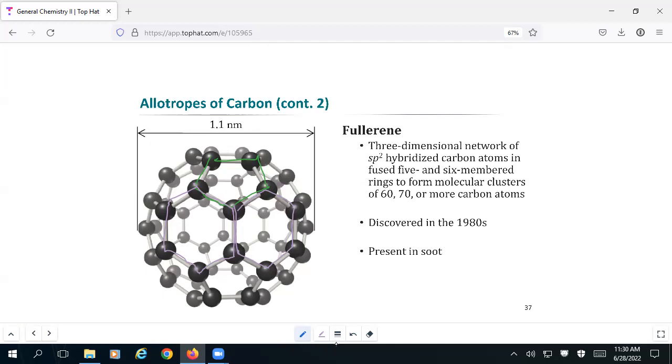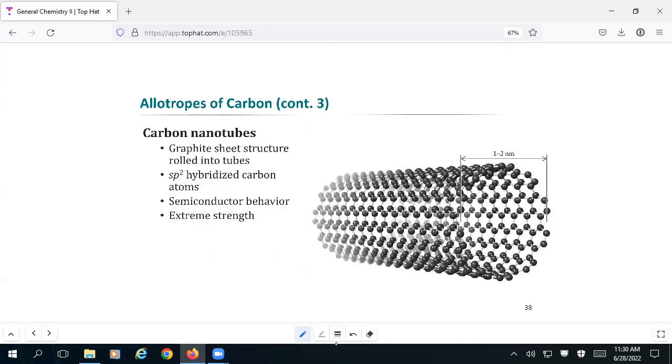And it's kind of the same pattern. Now, fullerenes are relatively new in their discovery. And by relatively new, I mean 40 years, which is very quick in scientific time. And we know that they are present in soot. They also have a number of different cool applications, most notably nanotechnology.